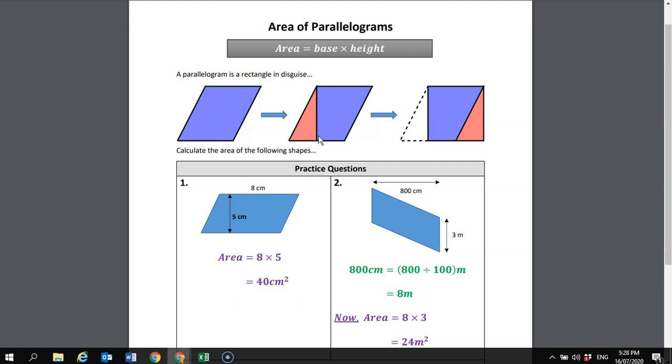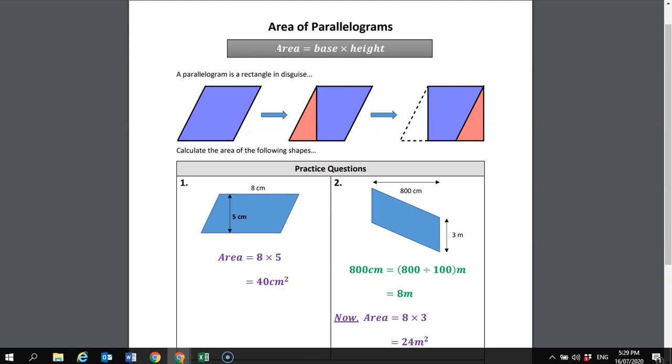And then we take that pink triangle, all right, and we put it in here. Now what would happen is it would fit perfectly, which must mean that the area of this parallelogram here is exactly the same as the area of this square here, because we haven't thrown any little pieces that we've cut off away, and we haven't gained any pieces. We've just chopped a bit off and stuck it on the other end.